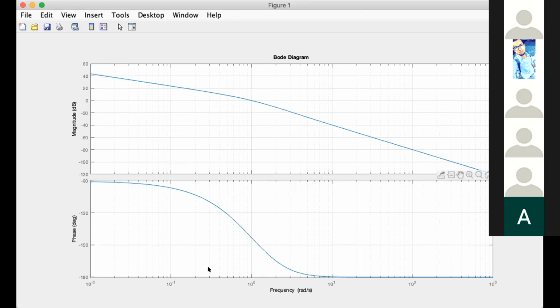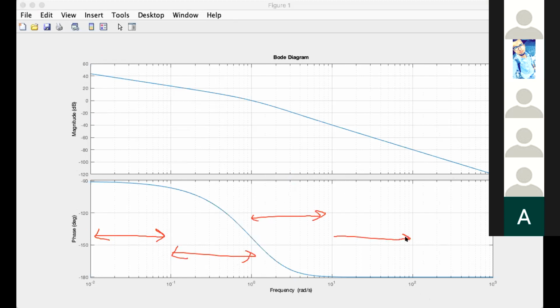See, so you have a 5 decade Bode plot. This is 1 decade, this is the second decade, third decade, fourth decade, and 5 decades. Decade, D-E-C-A-D-E, decade. Decade meaning 10.